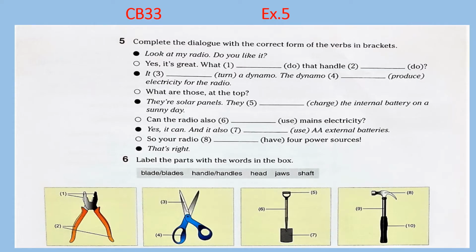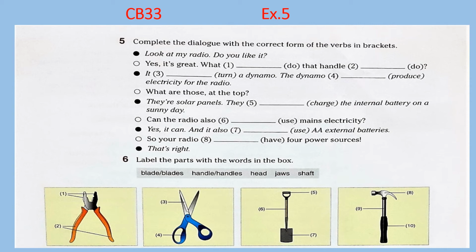Okay, this exercise is from the course book, page 33, and this is exercise 5. Complete the dialogue with the correct form of the verbs in brackets. Look at my radio. Do you like it? Yes, it's great. What does that handle do? It turns a dynamo. The dynamo produces electricity for the radio. What are those at the top?